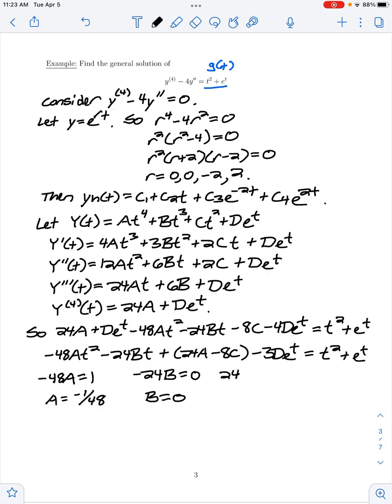Our constant term, 24a minus 8c, has to equal 0. So that means c is equal to 3 times a. So c would be negative 3 over 48. And then lastly, equating the coefficient for the exponential, we have negative 3d is 1. So d is negative 1/3.